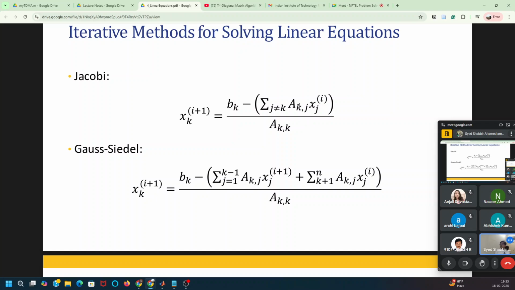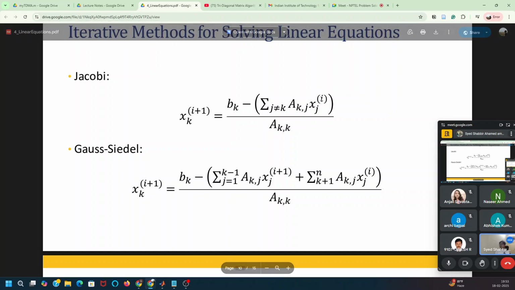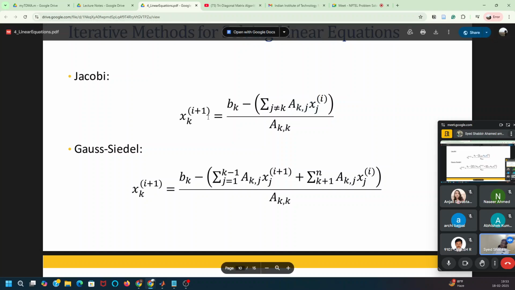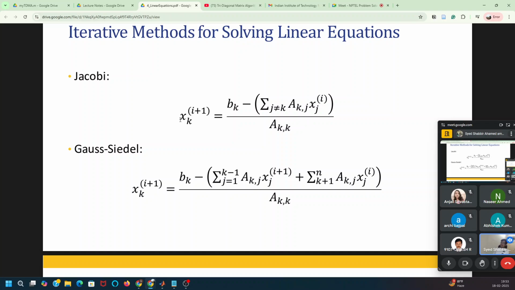Using that assumed solution, you will find the x1 value, x2 value, x3 value, up to n. If you have an n-dimensional vector for x, you will find all those values using the initial solution which you have assumed. So that is the Jacobi method.